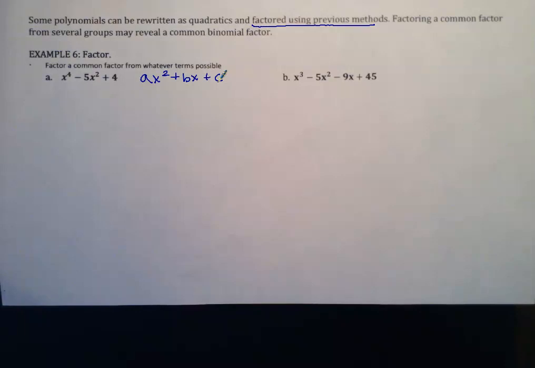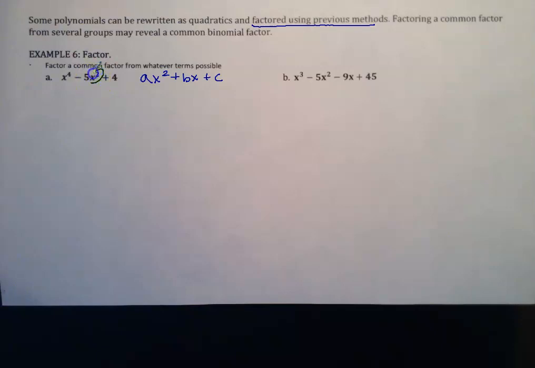Okay, so that's the standard form for a trinomial. What do you notice is wrong with what we have versus standard form? The descending exponents, okay?